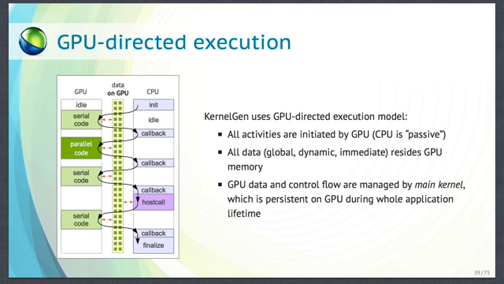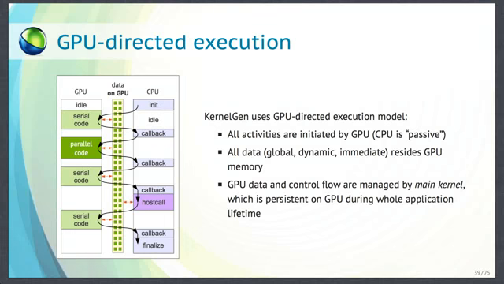All data initially resides in GPU memory, and there is a so-called main kernel, which is a one-thread kernel, and it doesn't affect the overall application performance, but it's alive on GPU during the whole application lifetime, and manages the state and control flow of data and code on GPU.